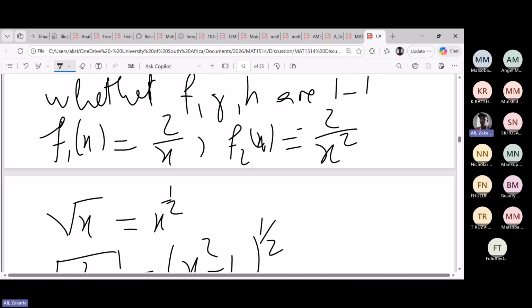Let's say I take maybe f3. f3 of x is another homework, 1 divided by the square root of x minus 1. So in each situation, determine the domain, which is the most important one. Determine the domain, perhaps also the range if you want, but determine the domain, and also find out whether the function is one-to-one or not.